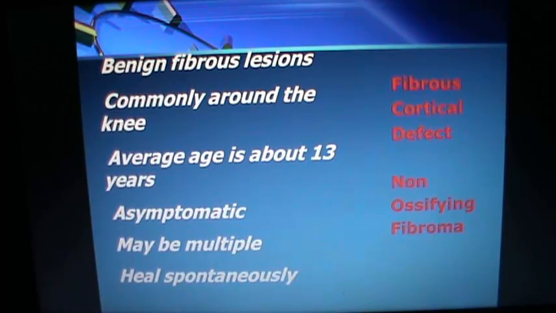And both are asymptomatic, and of course, in simple bone cyst, the lesion weakening the bone is resulting in fracture. But here in fibrous cortical defect, there is no fractures, and it heals spontaneously.